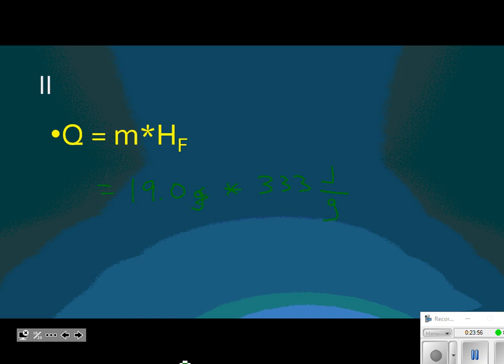So I have a gram on top, a gram on bottom. That's going to cancel. So I'm going to have my Q labeled in joules, and I'm going to multiply those two together, and that's going to get me for area 2, my Q is equal to 6,327 joules.